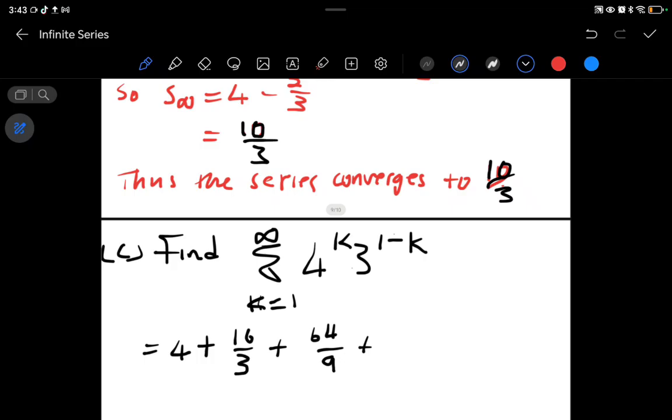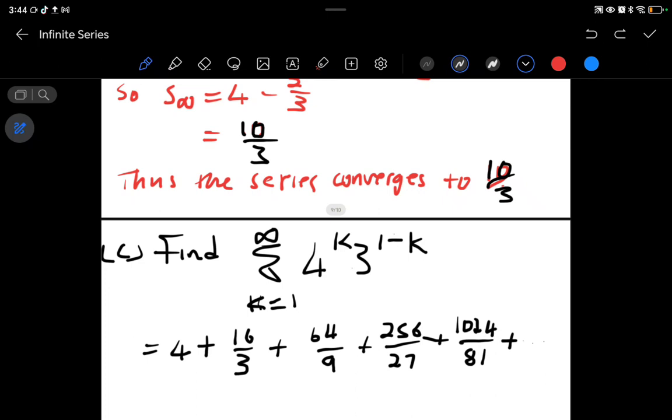If I plug 4, I'll get 256 over 27. If I plug 5, I'll get 1024 over 81. It ends at infinity, so I'm going to put those dots.